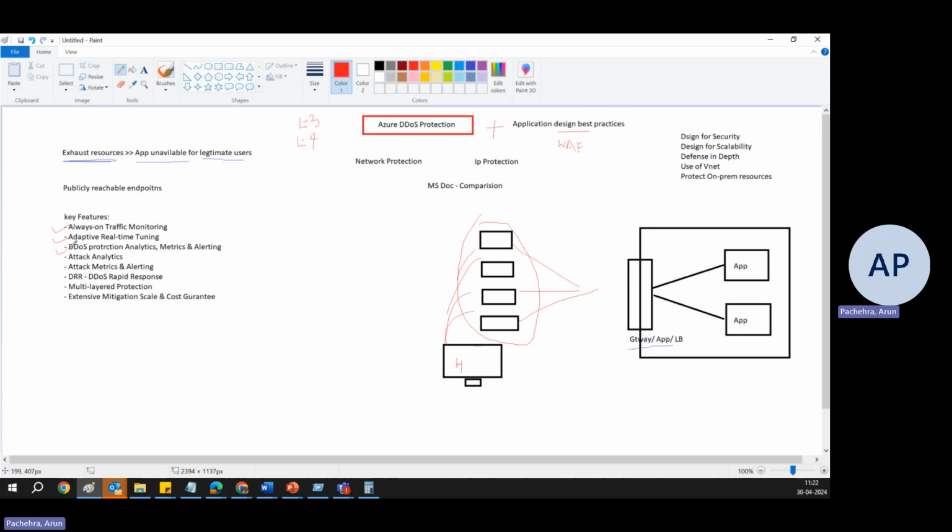It applies security rules automatically on these kinds of issues based on the learned traffic patterns. So if traffic exceeds normal conditions, indicating a potential attack, Azure starts mitigation efforts. Metrics and alerts provide real-time data during and after an attack, which is very much needed.